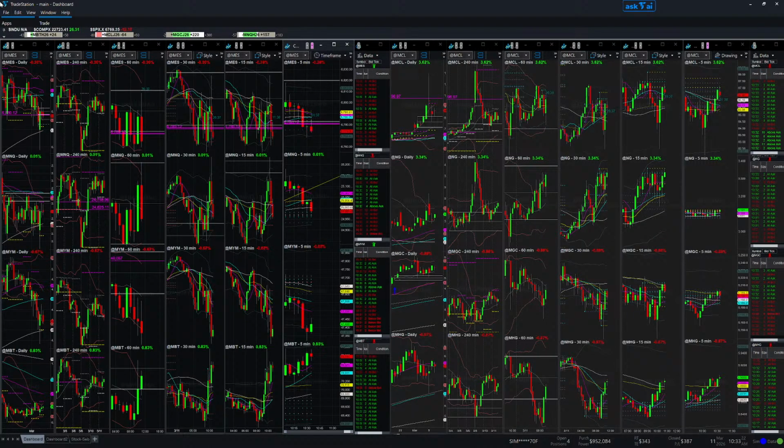Let's see this play out. You're still good on a NASDAQ short. It's still consolidating on the 4 hour chart.